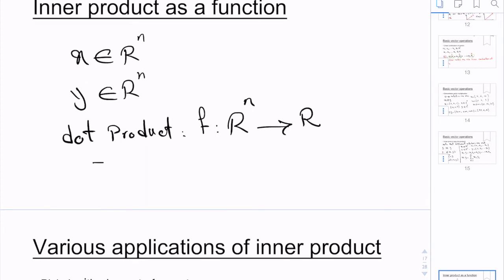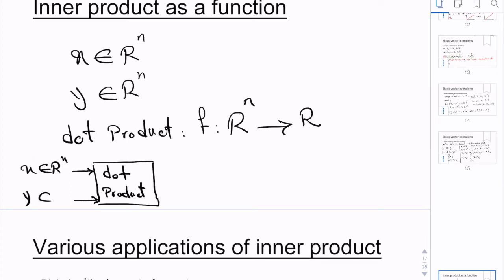In other words, if this box represents the dot product, then we have two inputs, two vectors, x belongs to Rn and y belongs to Rn, and the output is in R, which is a scalar. So the output is, let's say, A is a scalar. Sometimes they put it in the form of a function. The dot product is a function.